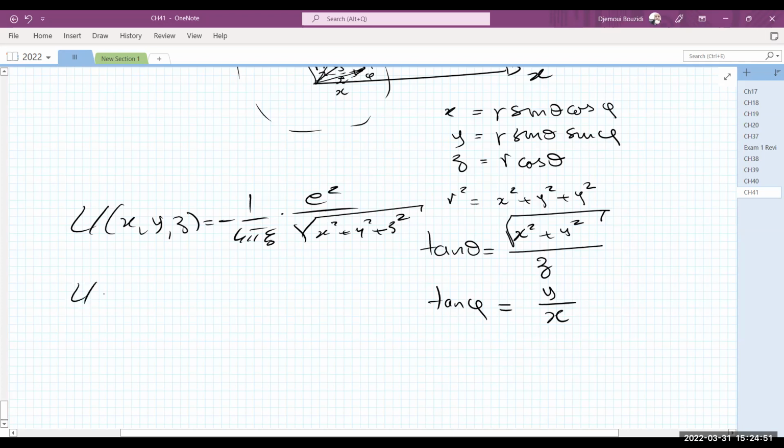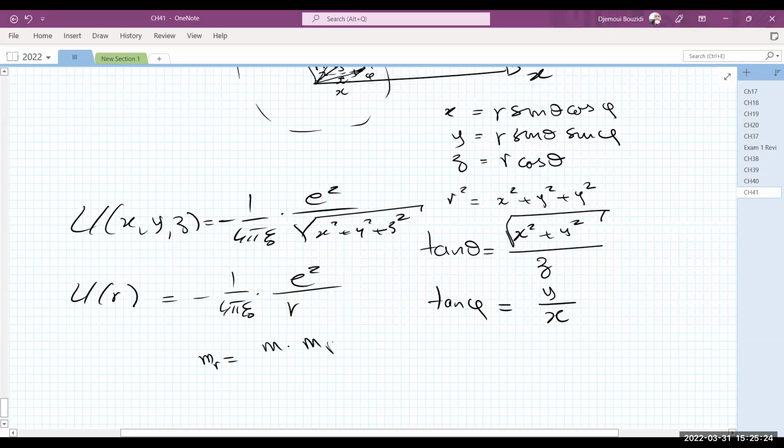I'm going to use it as U, which depends only on r now, doesn't depend on any of the other variables. Just negative 1 over 4 pi epsilon naught, e squared over r, the distance between the proton and the electron. The proton in this case is supposed to be stationary. Otherwise, I have to use the reduced mass in Schrödinger's equation. And reduced mass is practically the mass of the electron, I'm sorry, because the reduced mass is the product of the two masses over their sum.